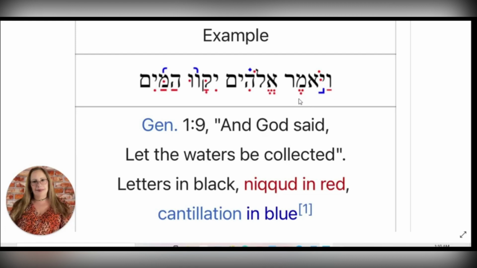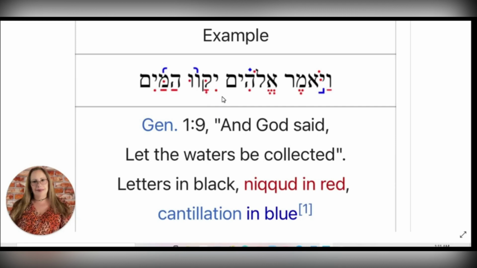These three little dots, they look like three little eggs, gives it the eh sound. And so does this one. And this here is an e sound. This one is the same as this one. It's pronounced the same way. Okay.